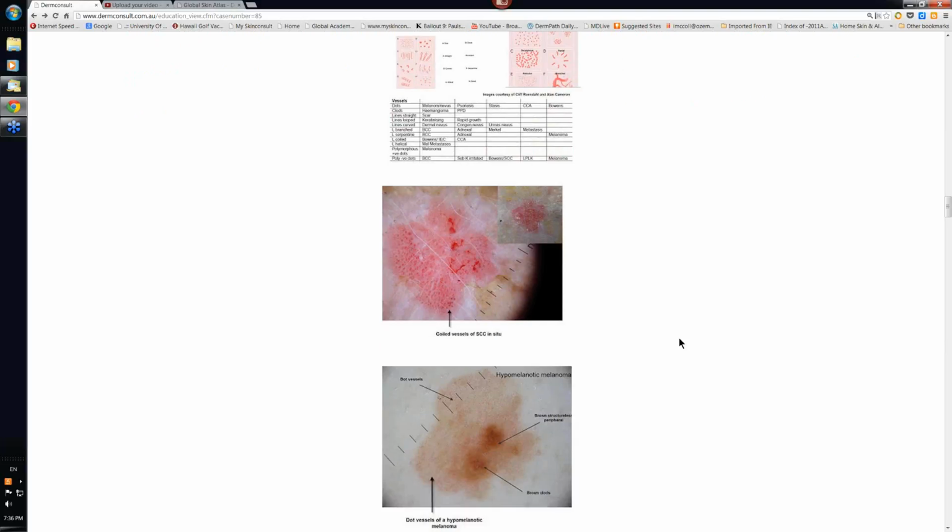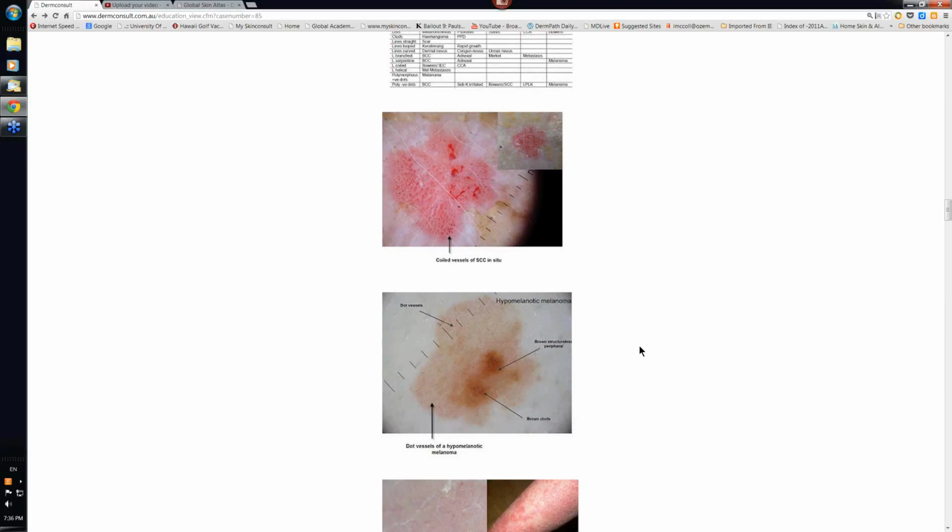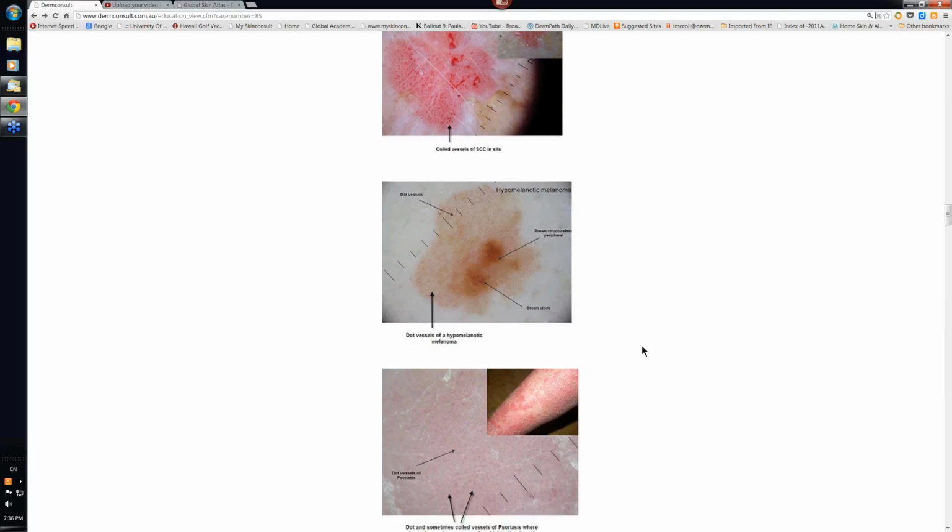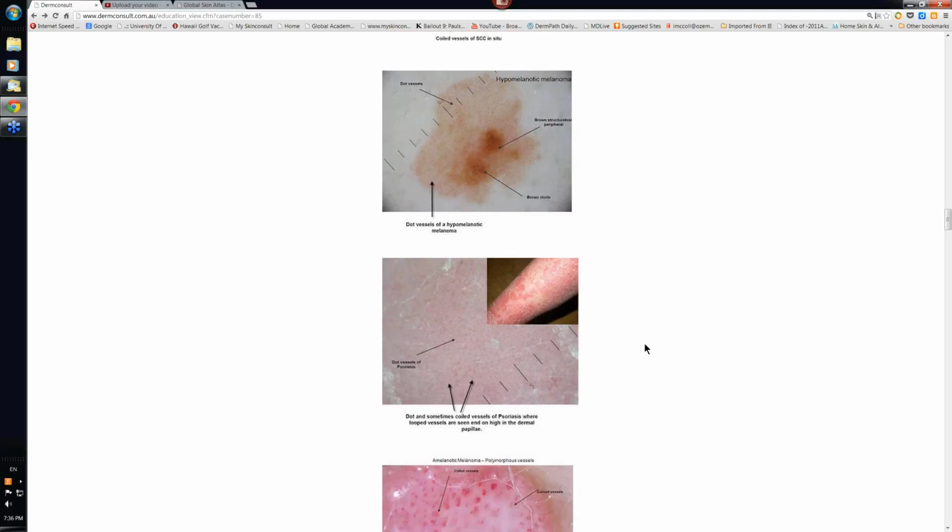I find that most useful, if I'm differentiating between superficial BCCs and SCCs, you'll get these coiled, dot-like vessels in SCC in situ, whereas you'll get the linear, sharply defined linear vessels in a superficial BCC.